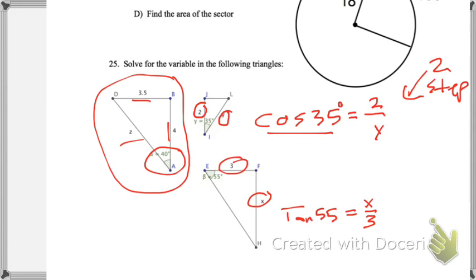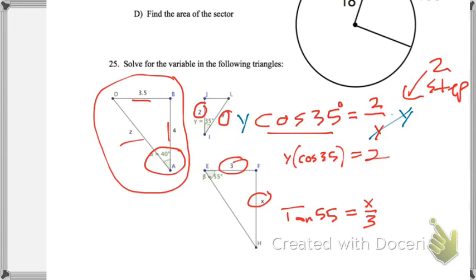But let's just do it times y on both sides. I'm going to use a different color for all my solving. So we'll do times y here, and then the y's will cancel. And then your result is cosine of 35 times y equals 2. So maybe I'll just do it this way, y cosine 35 equals 2.